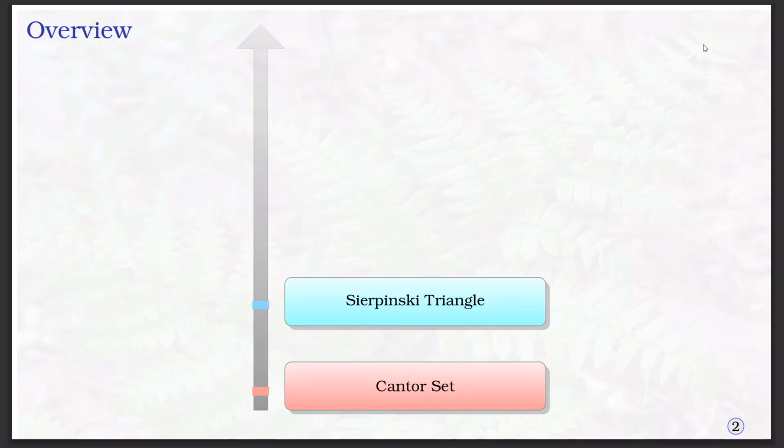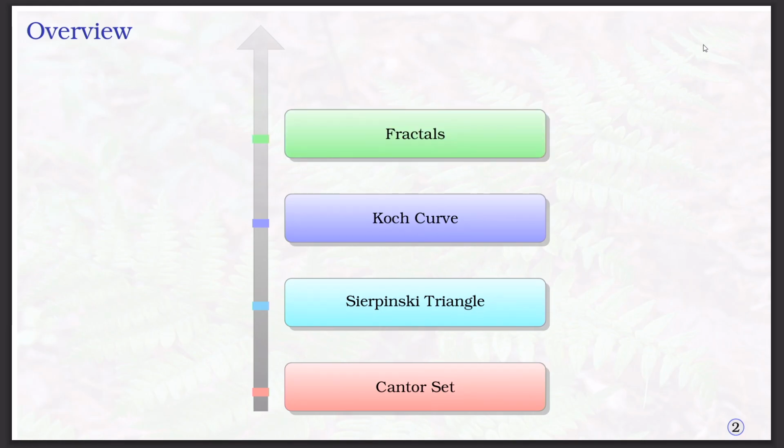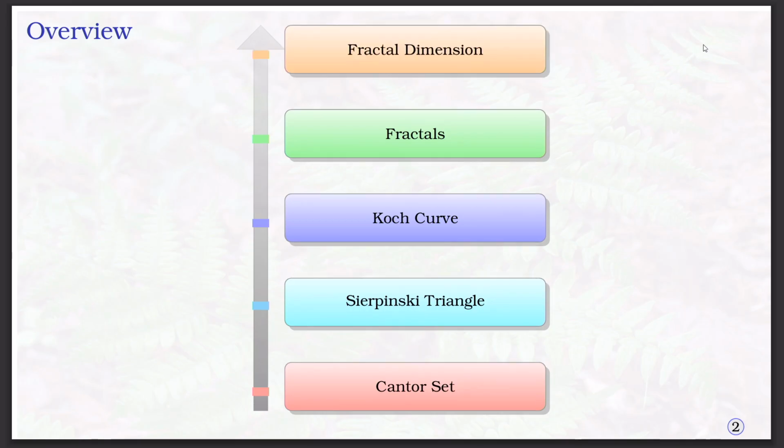So, let us begin with the history of fractals. In the first week, we will discuss the construction of the Cantor set, Sierpinski triangle and Von Koch curve, followed by the definition of fractal and fractal dimension.